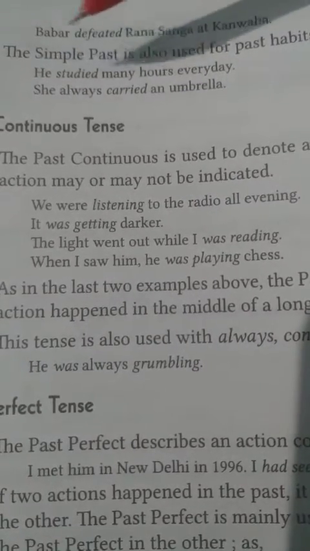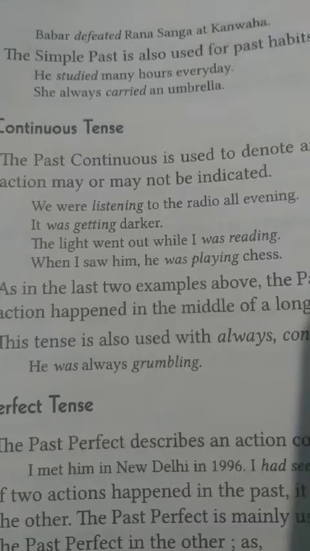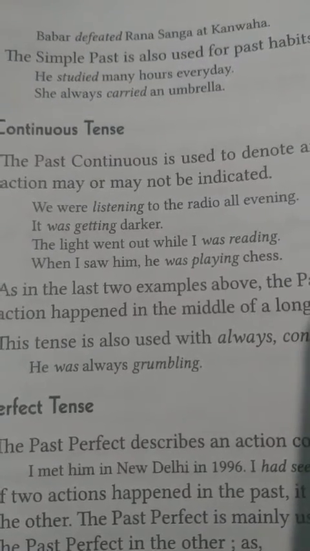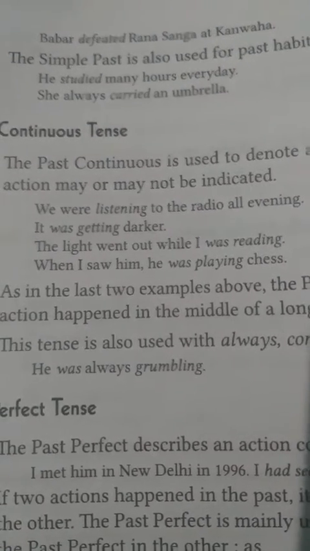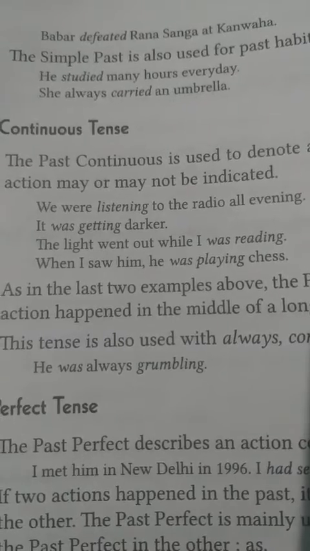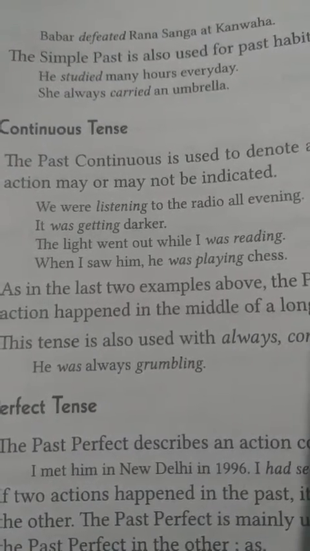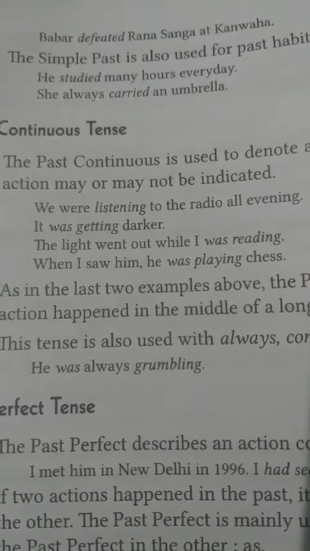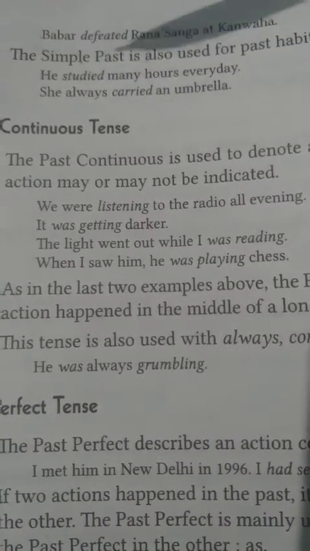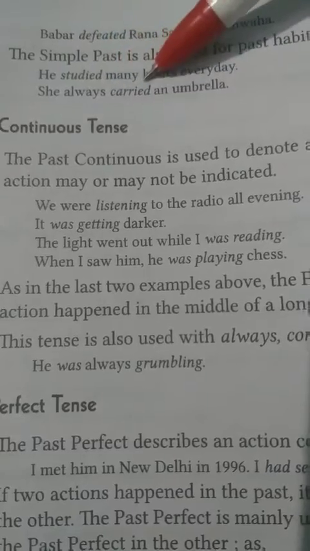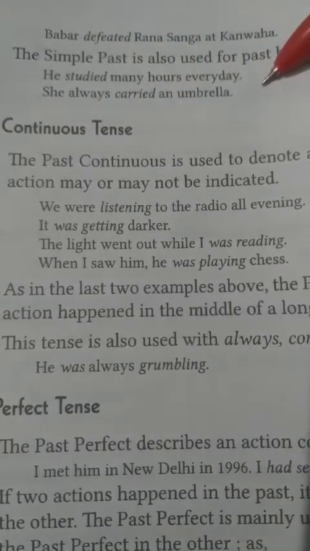Then, she always carried an umbrella. That is her habit. Whenever rain was expected on any of the days, she would always carry an umbrella with her. So the sentence is: she always carried an umbrella.